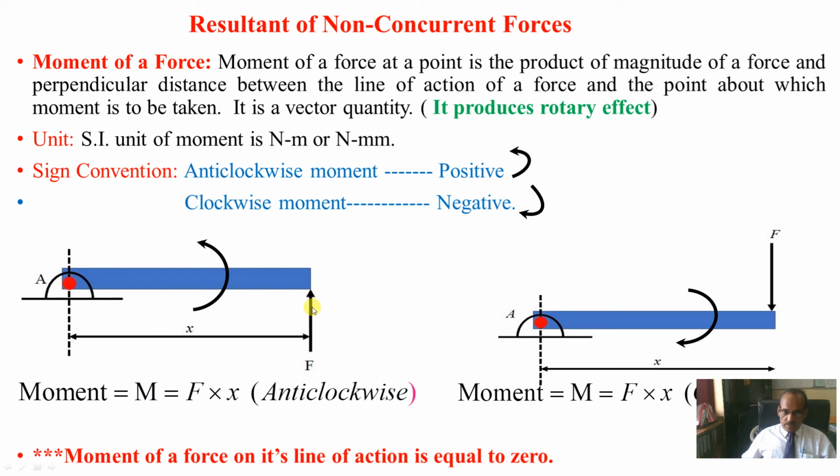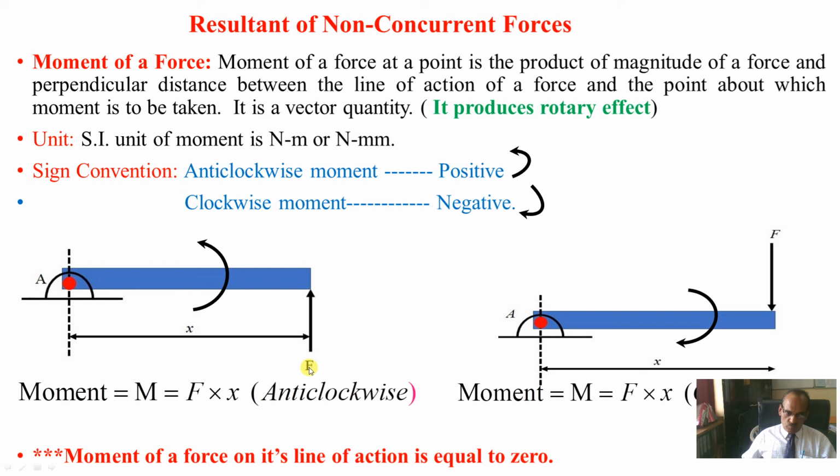The turning effect produced by this force about this point is called a moment. Now this force acting upwards will rotate the beam in this direction. This is called the anti-clockwise direction.